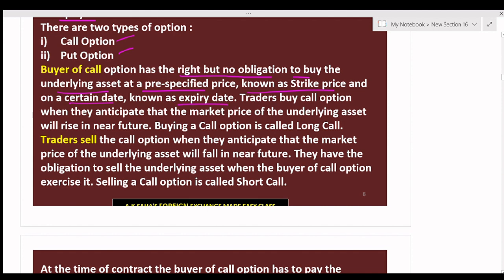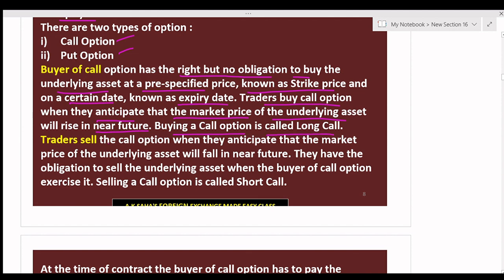Traders buy a call option when they anticipate that the market price of the underlying asset will rise in the near future. Buying a call option is called long call.